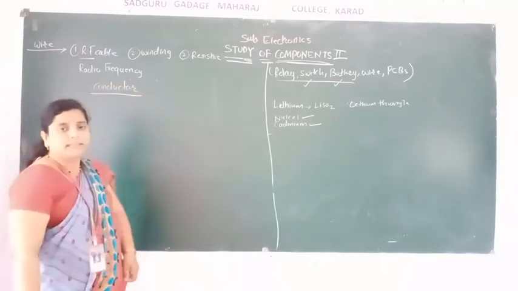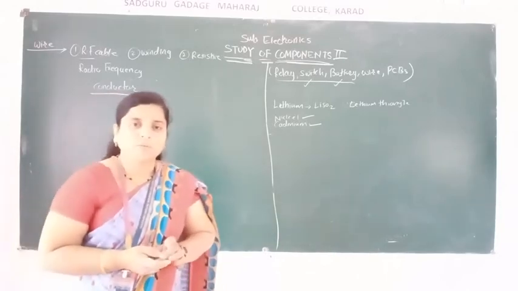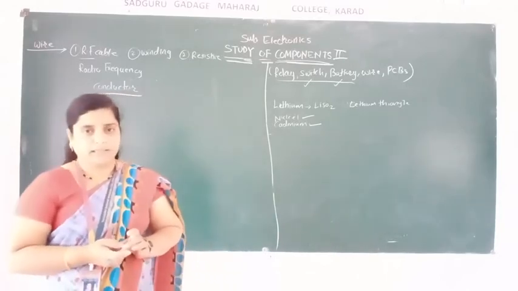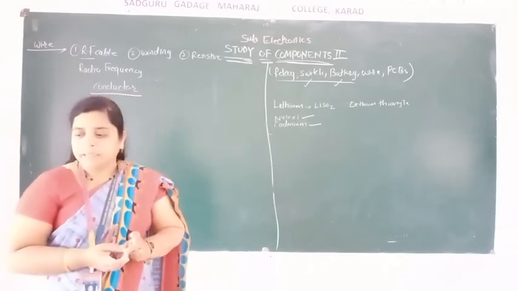What is a conductor? A conductor is something which allows current to flow through. An insulator is something which does not allow current to flow.